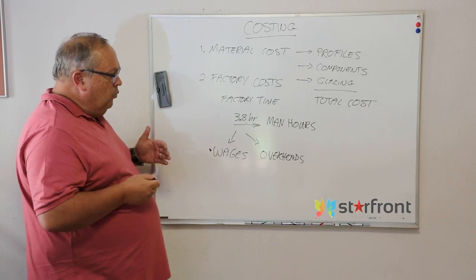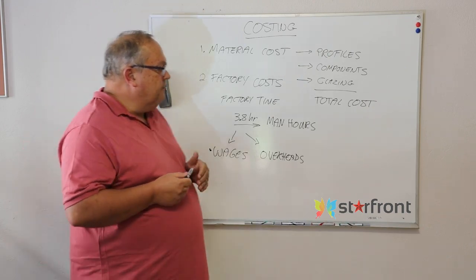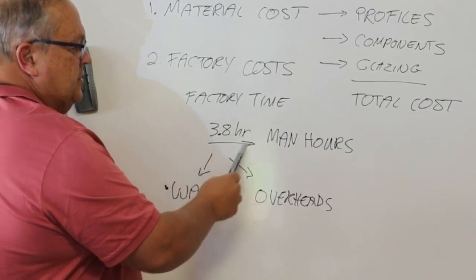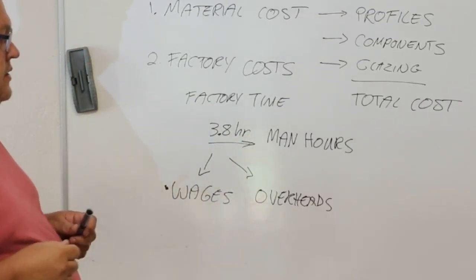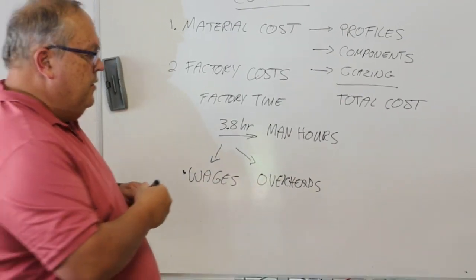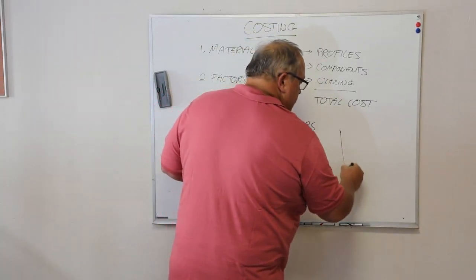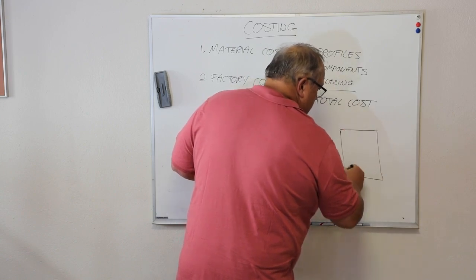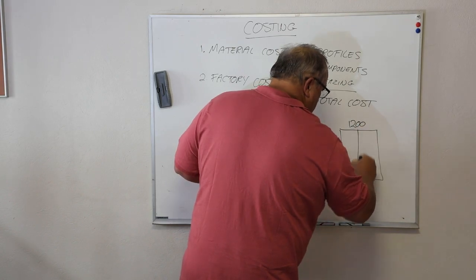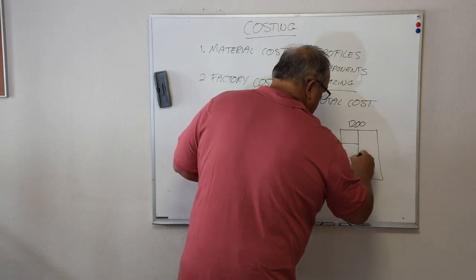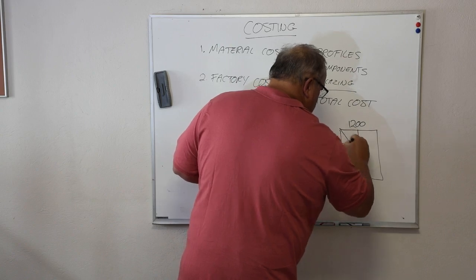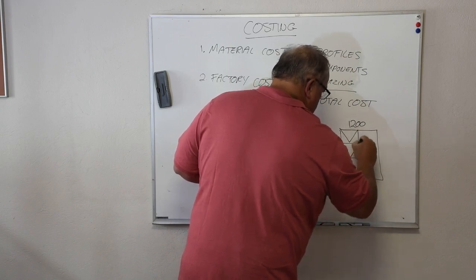Now, one of the first things you need to do to get StarFront costing accurately is you need to fine-tune this amount of time. And the way I suggest you fine-tune it is take a very simple casement window. Let's say something that looks like this. Let's say it's a 1200 window, and this window is 1500 high, let's say with 2 top-hung sashes.